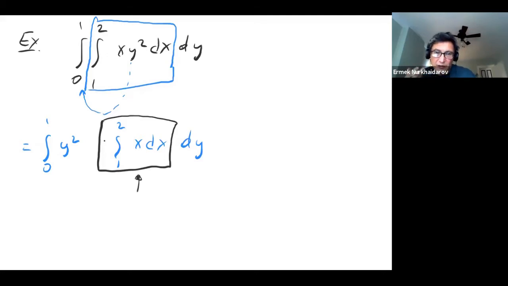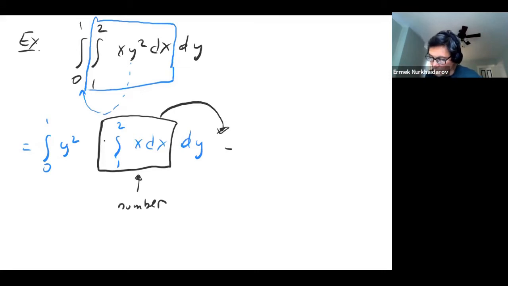And when you calculate this integral, it's going to be a number. Because it's a definite integral, you can treat it as a number, so we can take it outside of the integral with respect to y. Because that is a constant, we can push it outside.